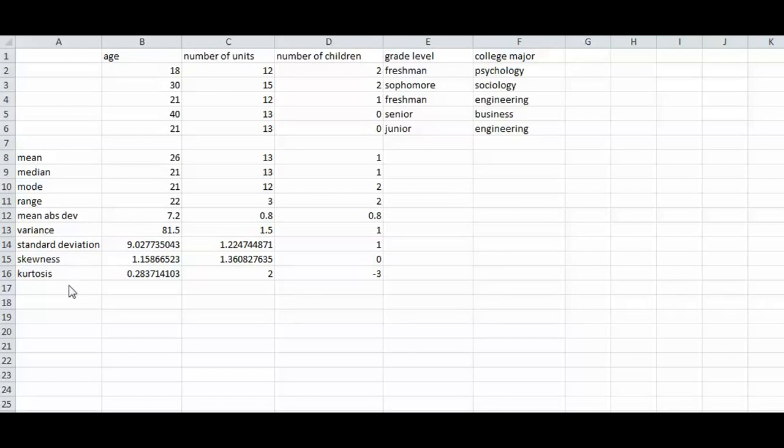The same thing is true for correlation coefficient, meaning I'm not going to show you how to calculate a correlation coefficient by hand, but I just want you to understand the idea behind it. There is a formula that can be used to calculate it by hand, but we won't use that formula in this class, just like how we aren't using the formulas for skewness and kurtosis by hand.